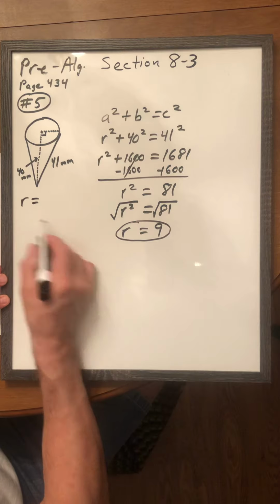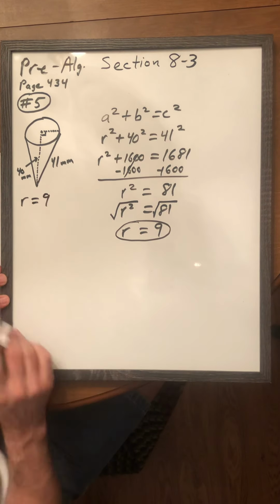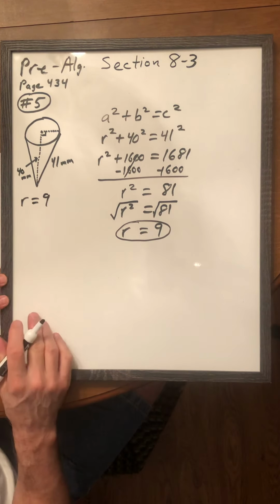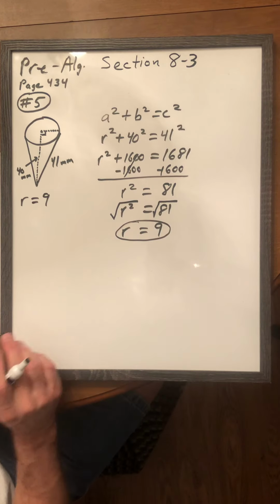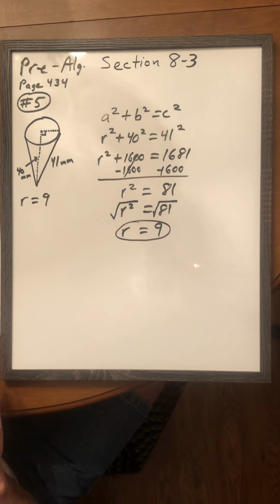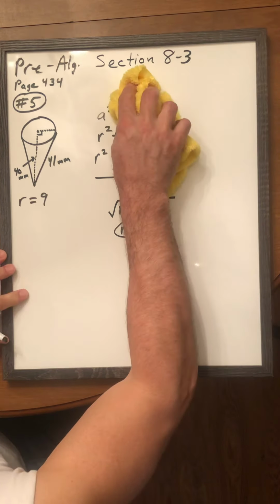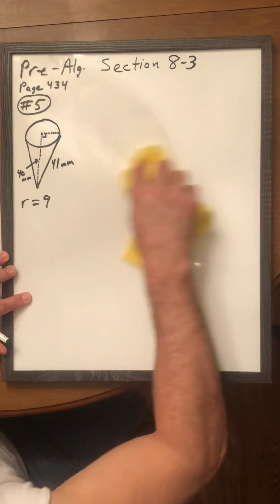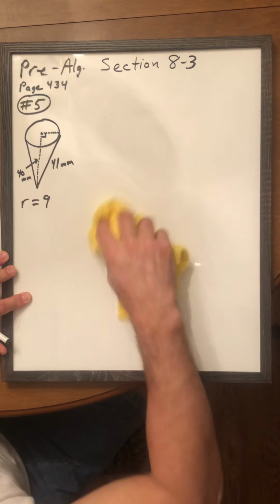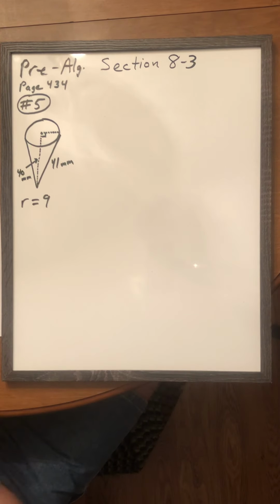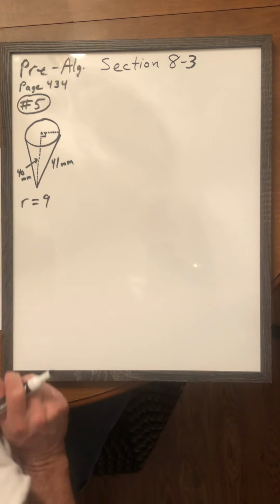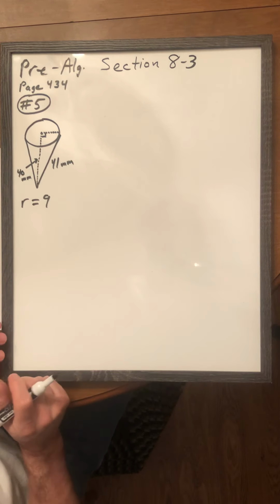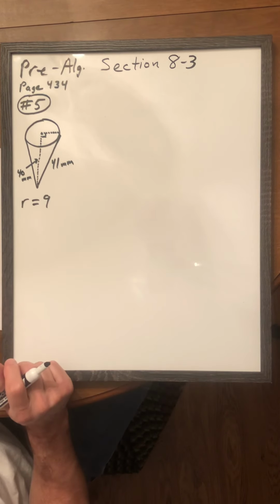So I'm going to write over here R equals 9. Now that I have the radius, and since I've run out of room, I'm going to erase this so that I can find the volume. The first thing we always do is write the volume formula for a cone.